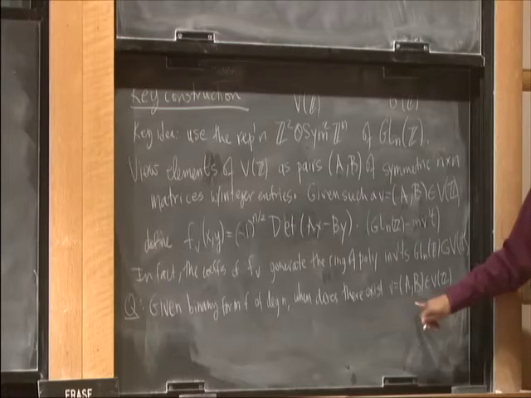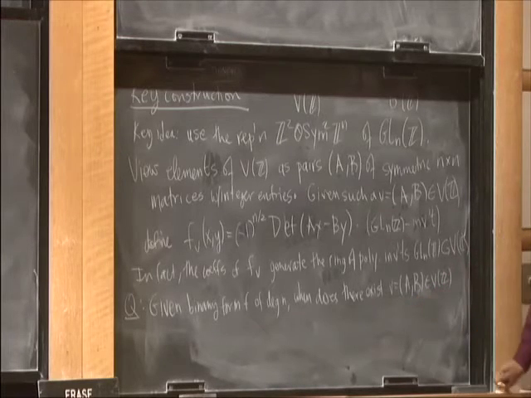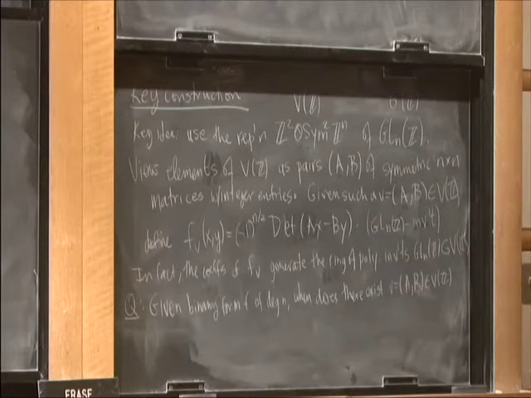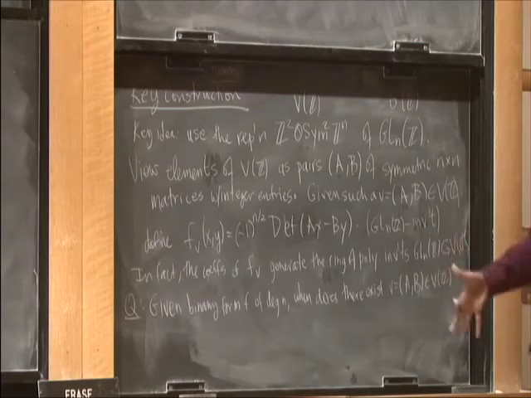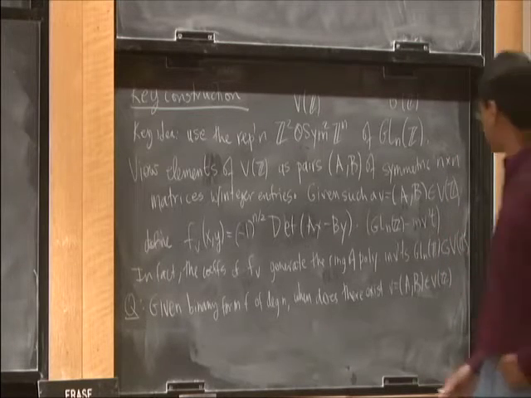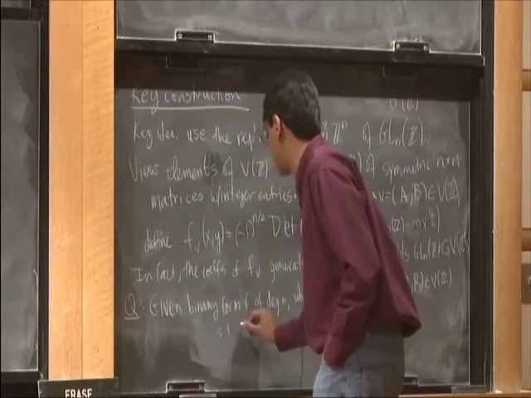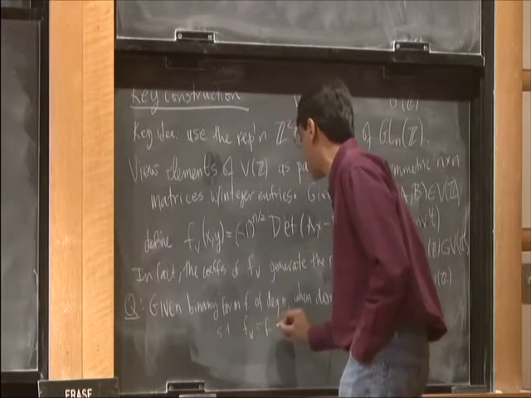So when does there exist a pair of symmetric n by n matrices such that its invariant binary form is equal to that f? Given a binary form, when does there exist a pair of symmetric matrices such that its determinant gives you exactly that f? So such that f_V is equal to f.